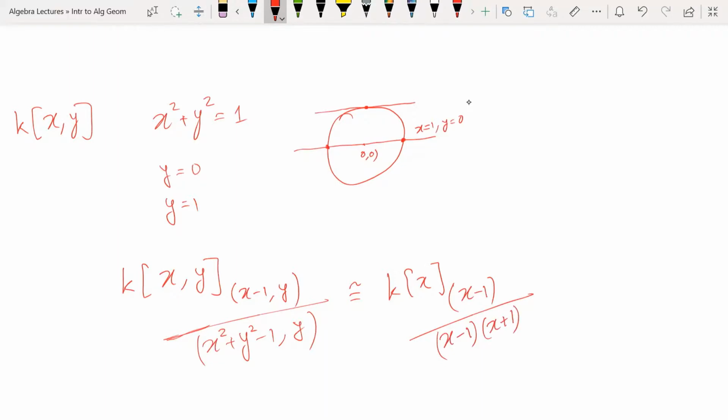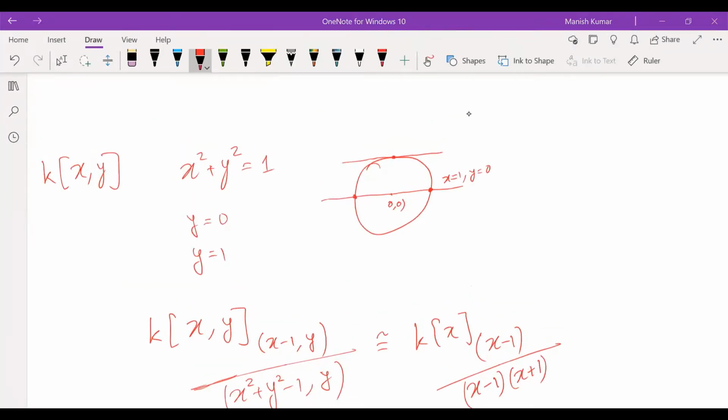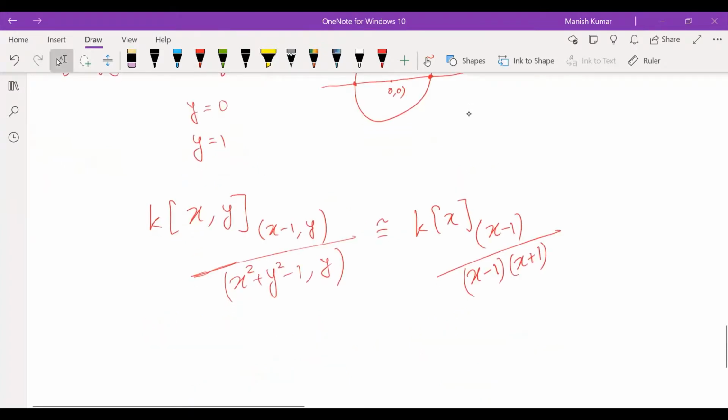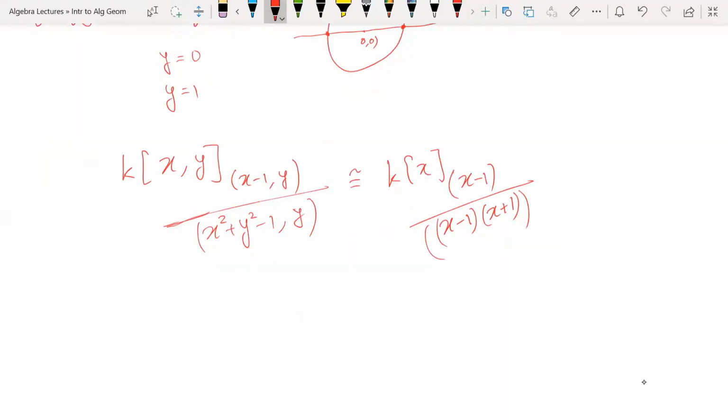But what do we know about x plus 1 in this ring, k[x] localized at x minus 1? What kind of element is this? What can we say about the ideal generated by it? It is the trivial ideal.